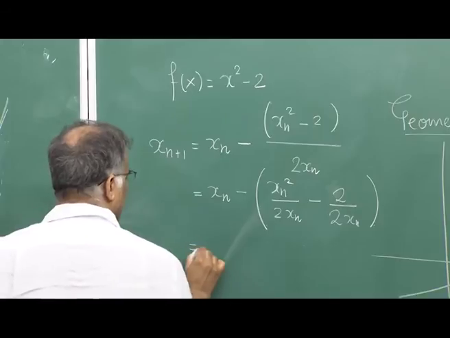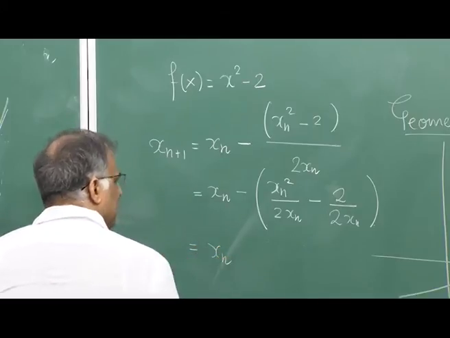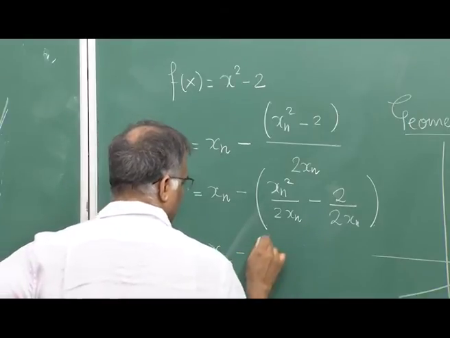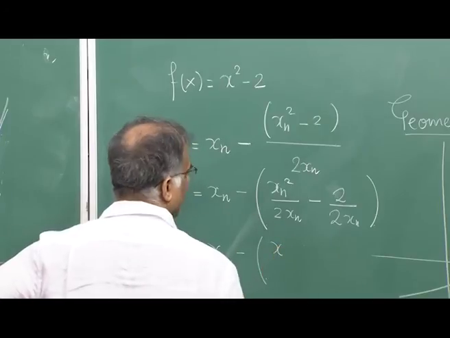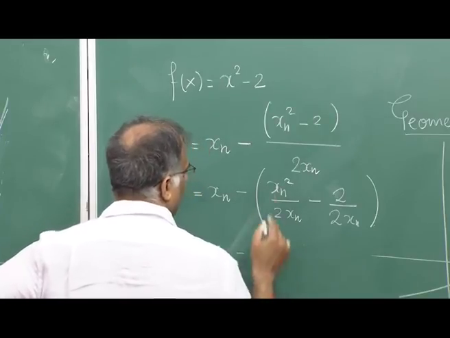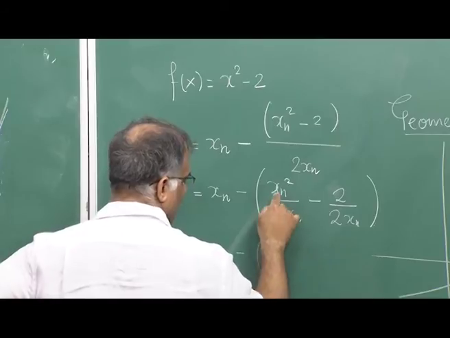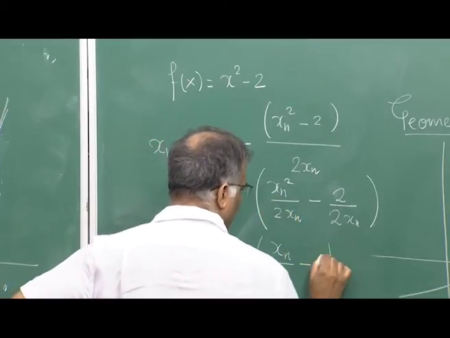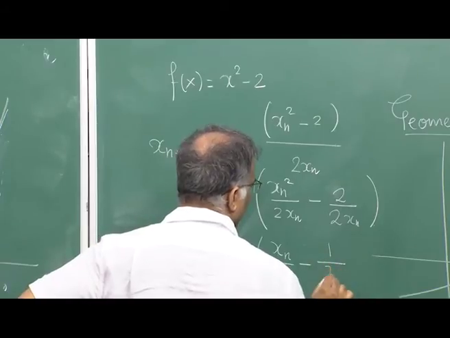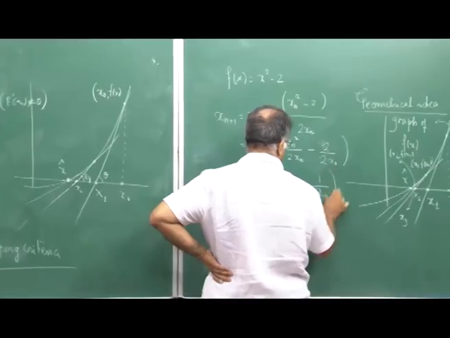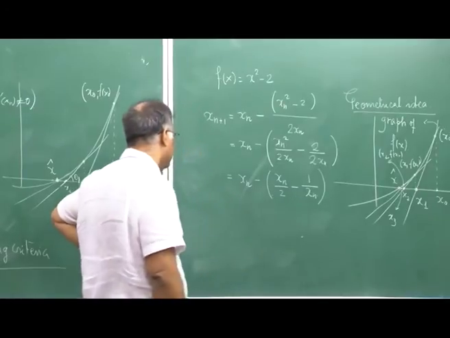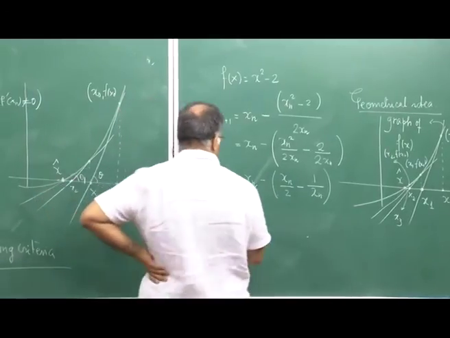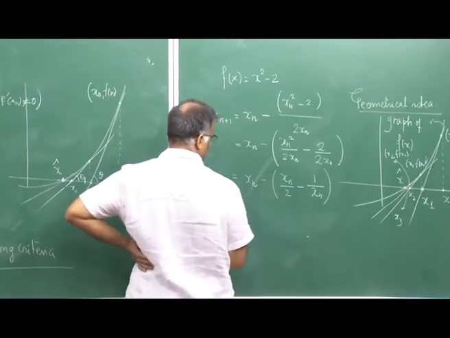I can write this as x_n minus, and x_n square cancels with x_n, so x_n by 2 minus 1 by x_n.